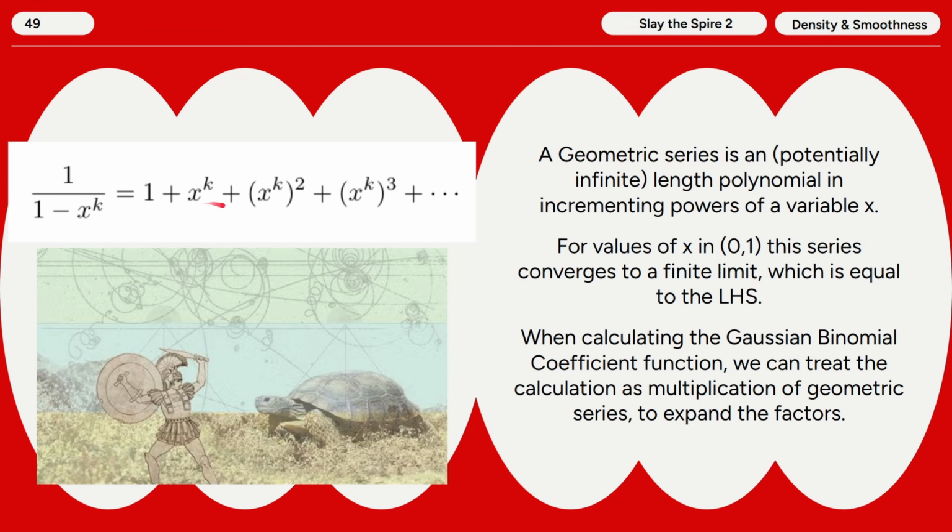It's not infinite. What you can do is take more and more terms, and the terms limit to this form here, 1 on 1 minus x to the k. So when we're calculating the Gaussian binomial coefficient function, we can treat the calculation as a multiplication of these geometric series and then expand the factors.